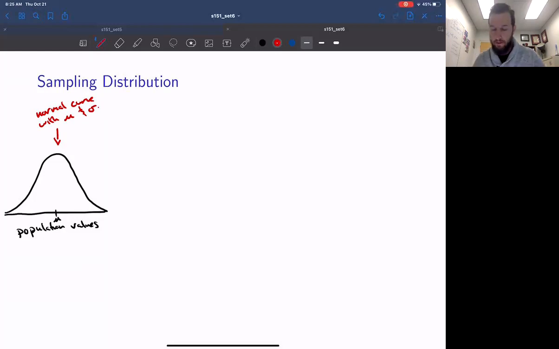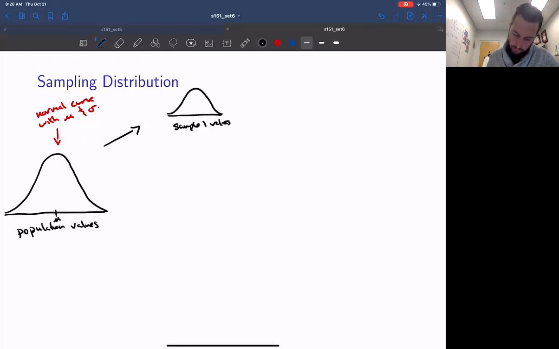All right, now let's suppose that I start sampling. So this is going to be sample 1 values. That's going to be X bar 1.